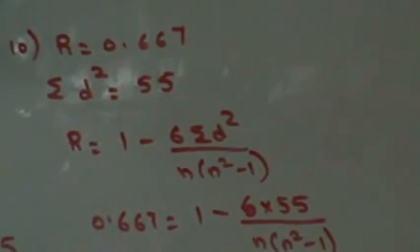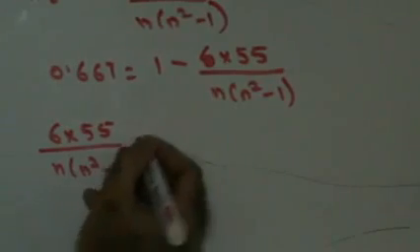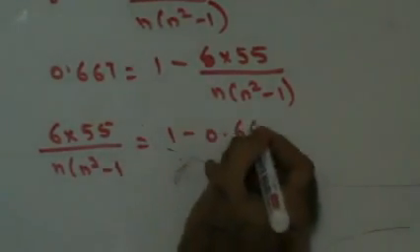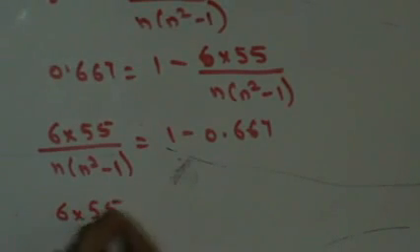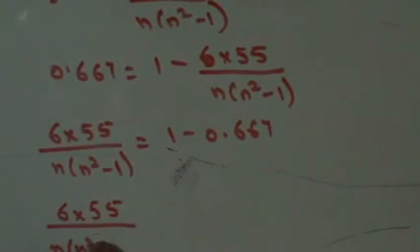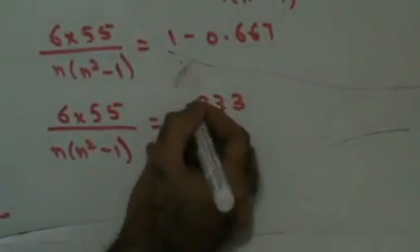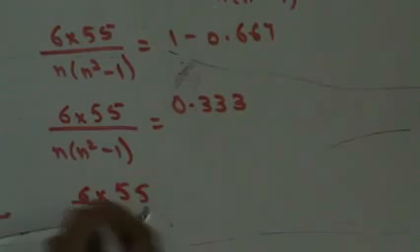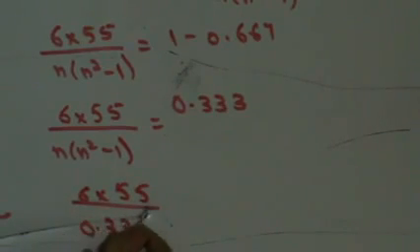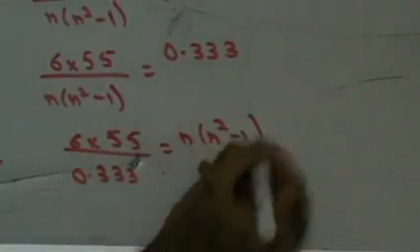Take this to the other side: 6 into 55 upon n into n square minus 1 is 1 minus 0.667, which is 0.333. So 6 into 55 upon 0.333 is equal to n into n square minus 1.